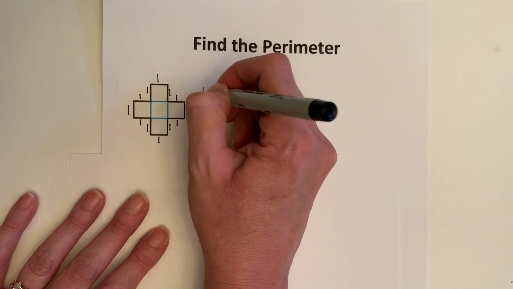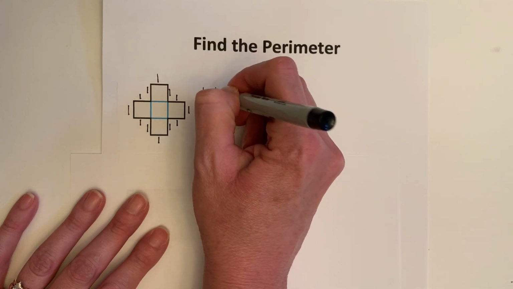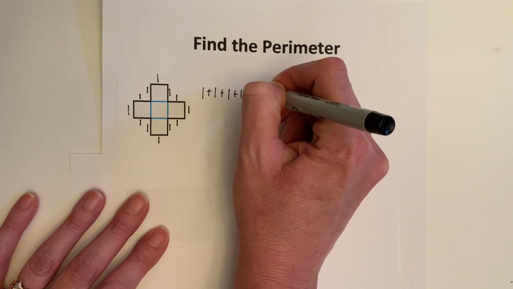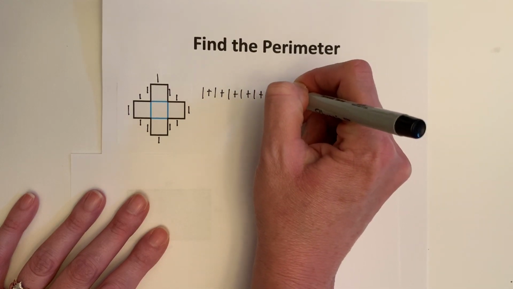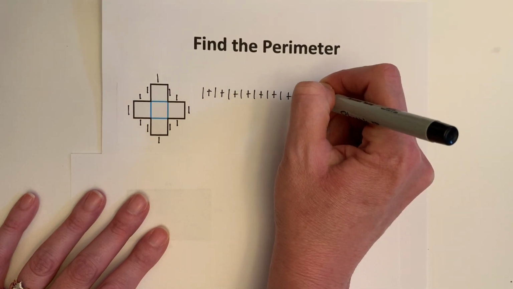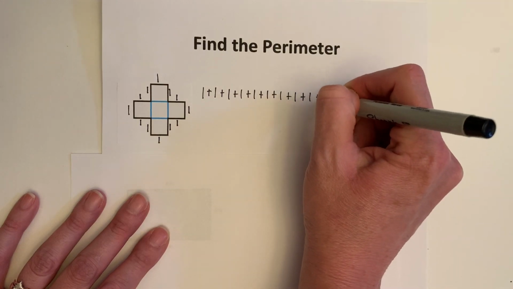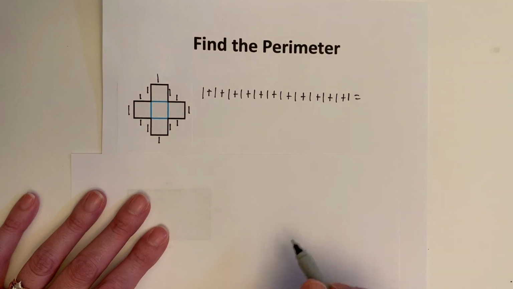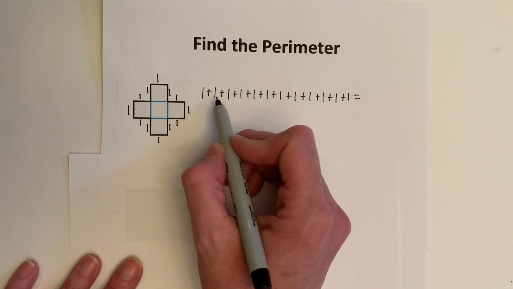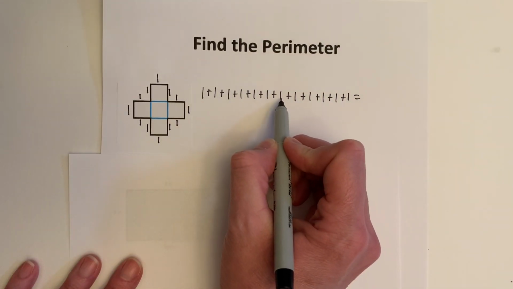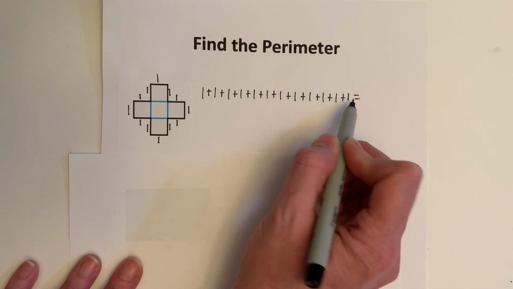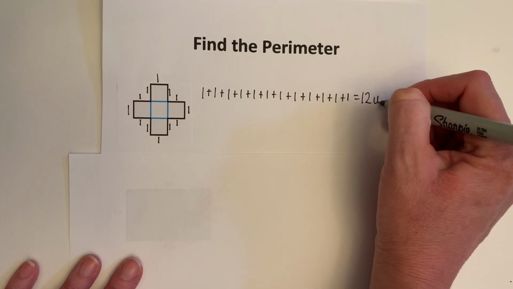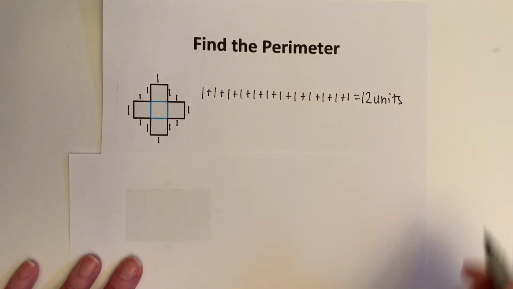So I've got 1 plus 1 plus 1 plus 1 plus 1 plus 1 plus 1 plus 1 plus 1 plus 1 plus 1 plus 1. Okay, so I'm going to add all these ones together. So I have 1, 2, 3, 4, 5, 6, 7, 8, 9, 10, 11, 12. So my perimeter of this shape is 12 units, okay?